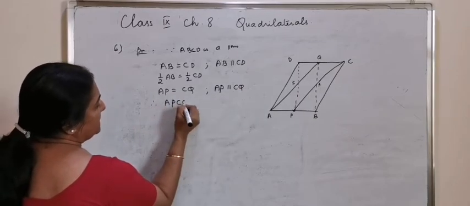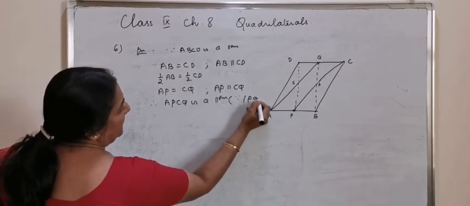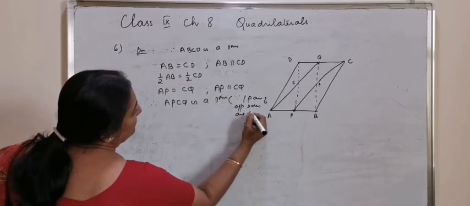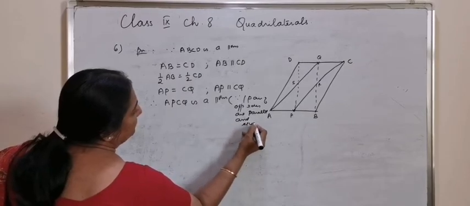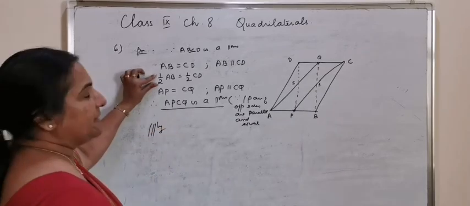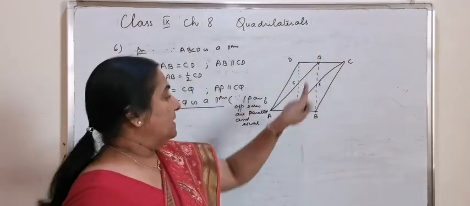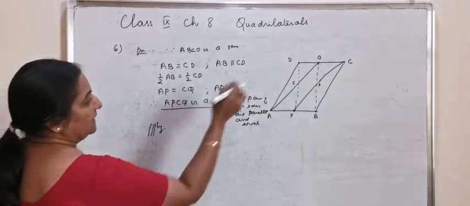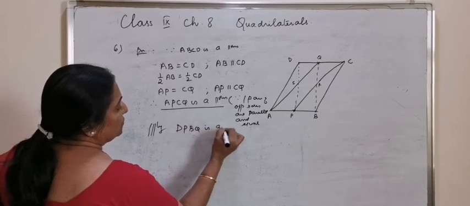Therefore, APCQ is a parallelogram since one pair of opposite sides are parallel and equal. Similarly, half AB is equal to half CD. If you choose BP and DQ, DPBQ is also a parallelogram.